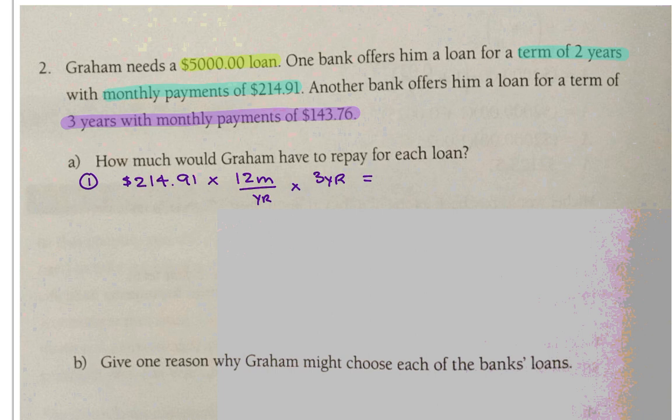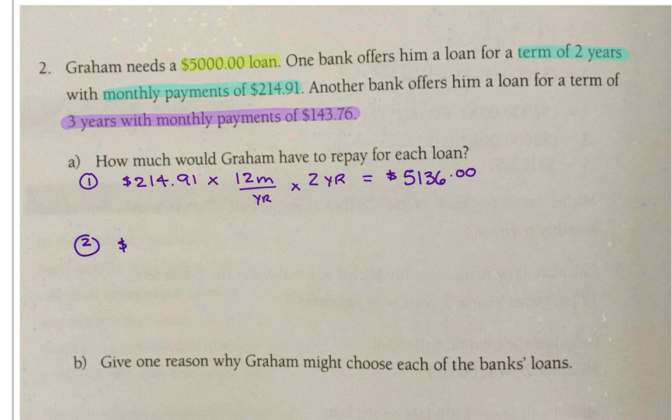How much is that, guys? So 214.91 times your 12 months in a year times your 2 years. $5,157... Oh, $5,158. Okay?